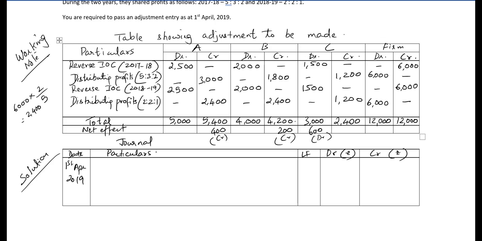We need to debit C's current account with 600 rupees, and we need to credit A's current account with 400 rupees, and we need to credit B's current account with 200 rupees.